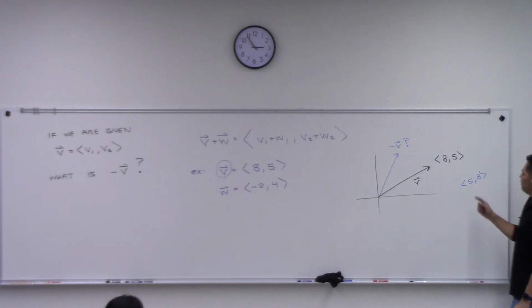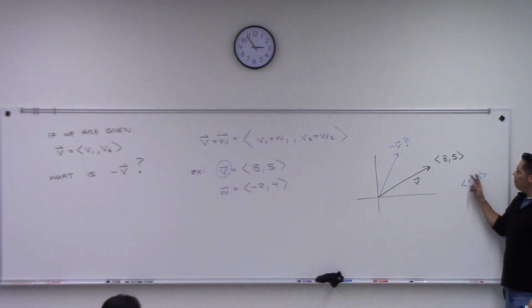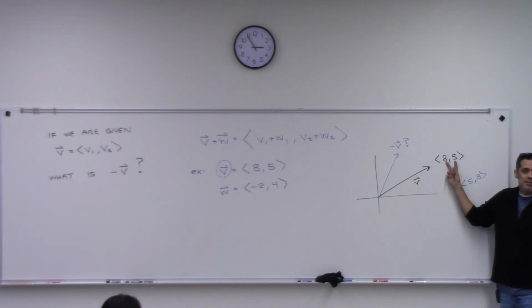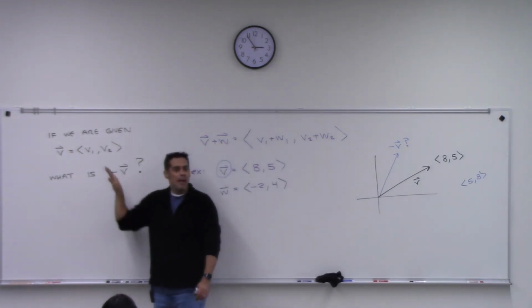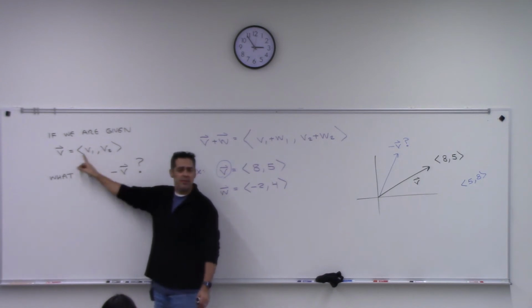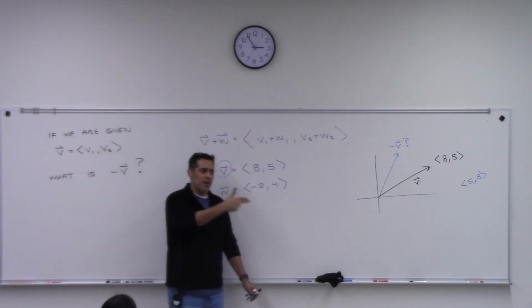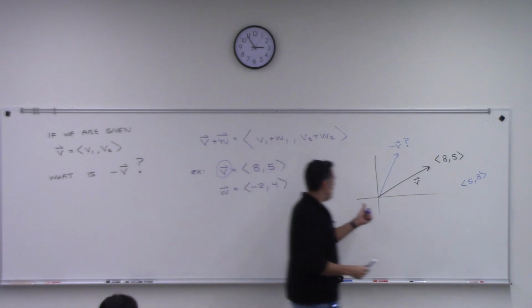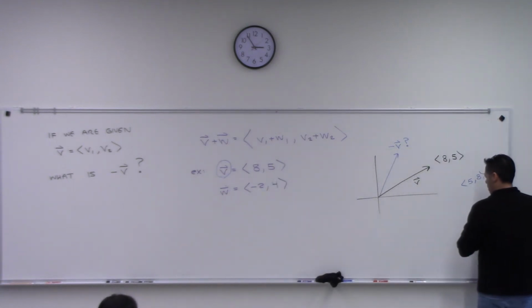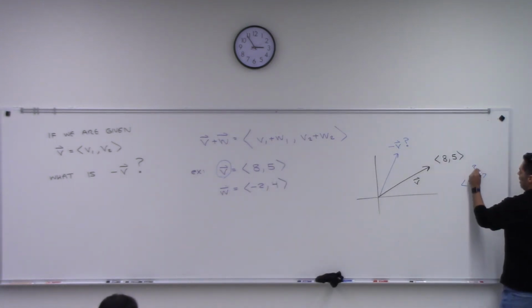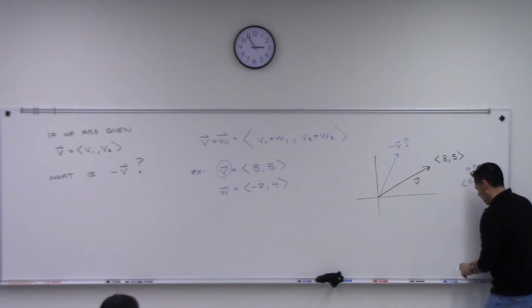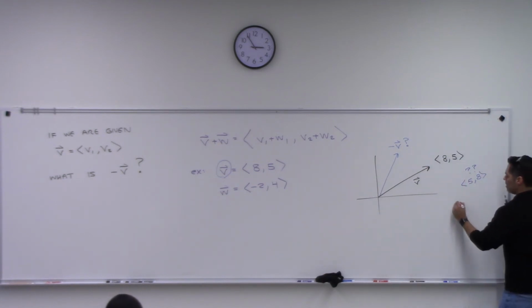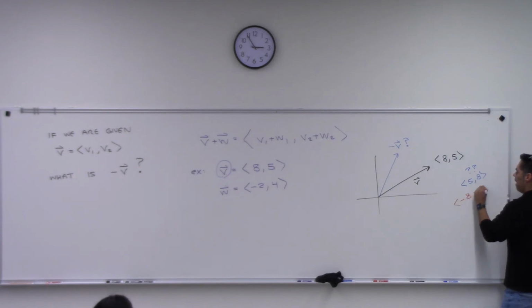What about, instead of switching the components, what if we just change the signs? Think of the negative in front almost like a -1 that passes through each of these and makes each component negative. Then the other idea is maybe we look at the vector -8, -5.